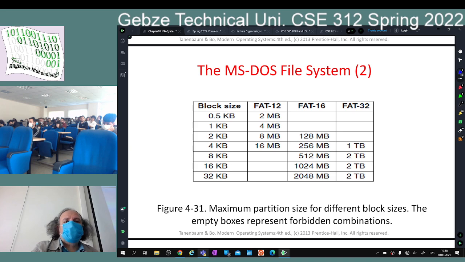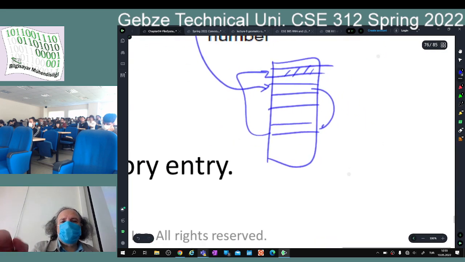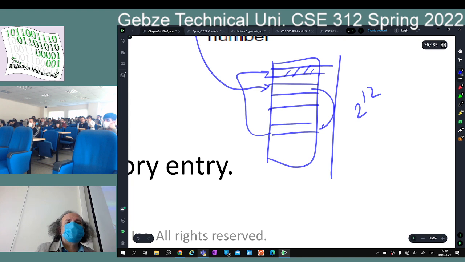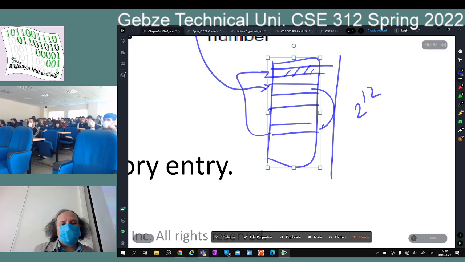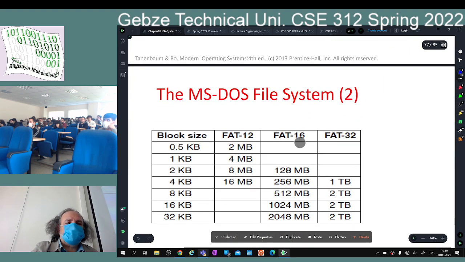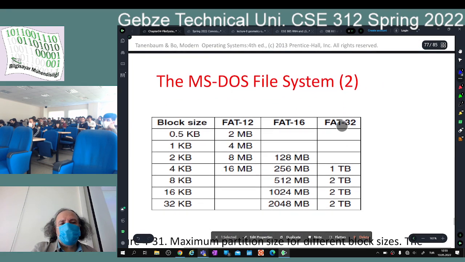So this table has a size of 2 to the 12, so 4 kilo entries in this one. And then FAT16 uses 16 bits, and FAT32 uses 32 bits.